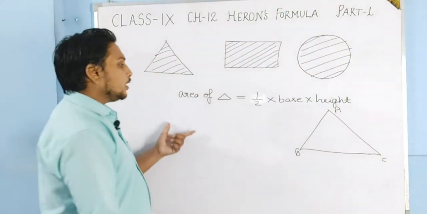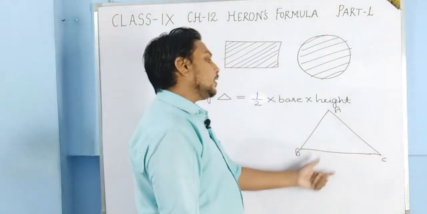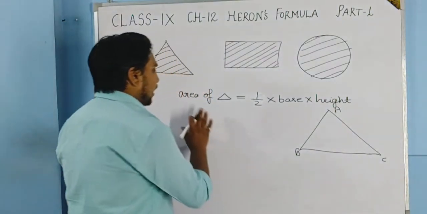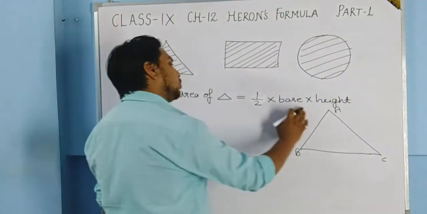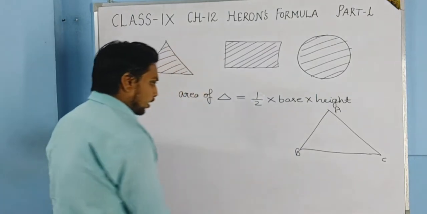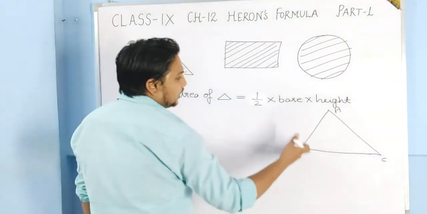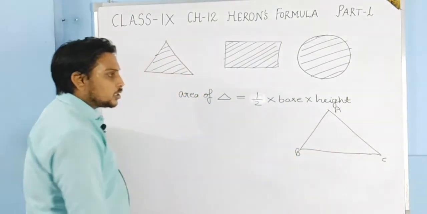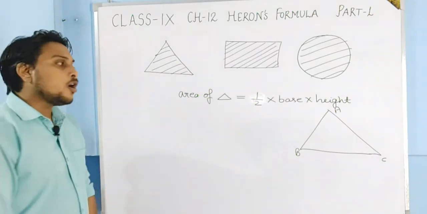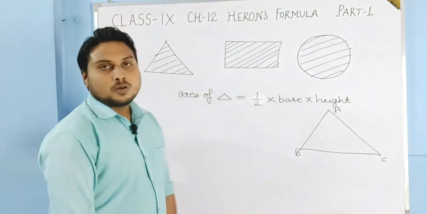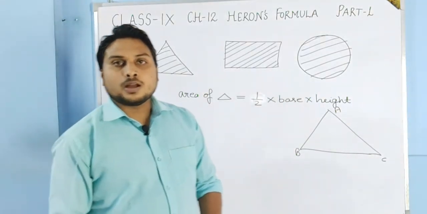When it is asked to find the area of the triangle, we know the formula half into base into height. But if the triangle is like this, where no height is given, then how will you find the area?